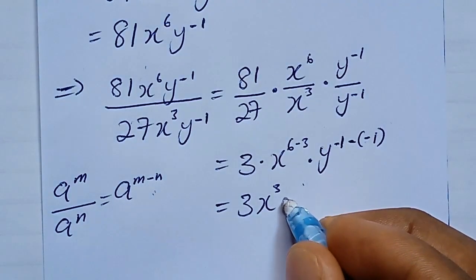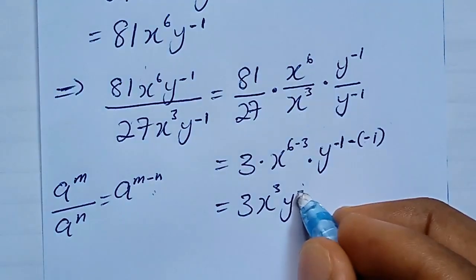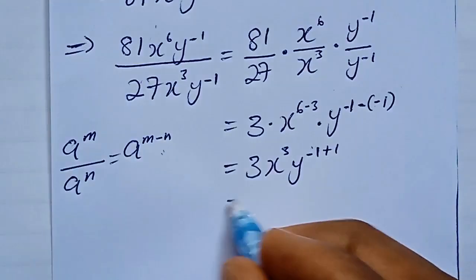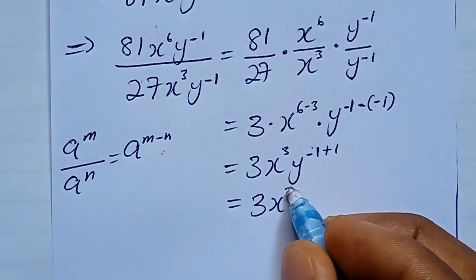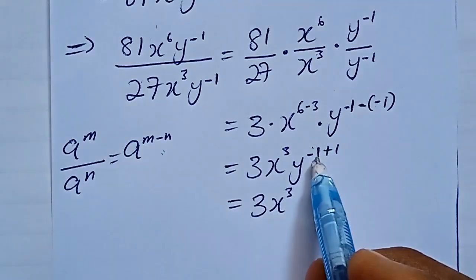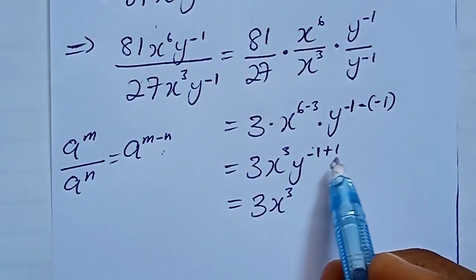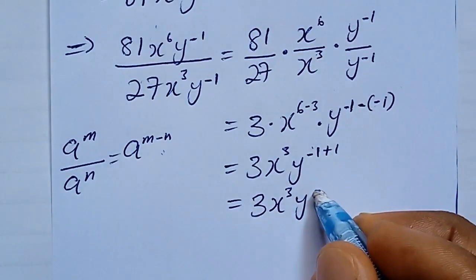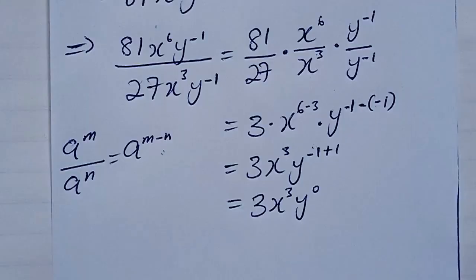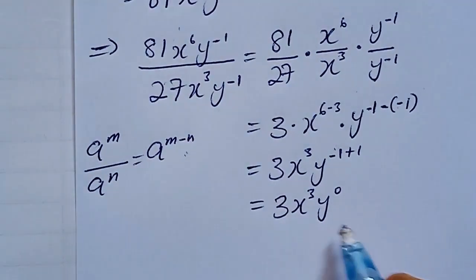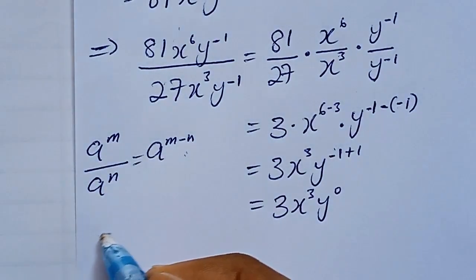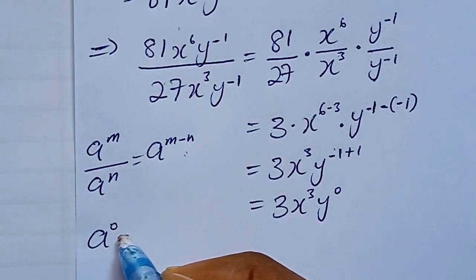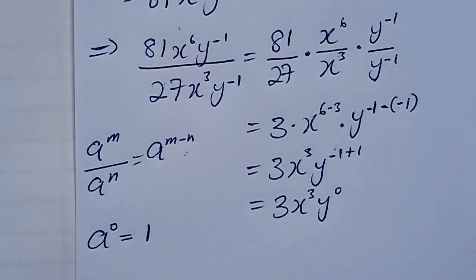Then y^(-1 plus 1), this gives us 3x^3, and minus 1 plus 1 means 1 minus 1, so this gives us y^0. This y^0 can be written using the identity that says base a power 0 equals 1.